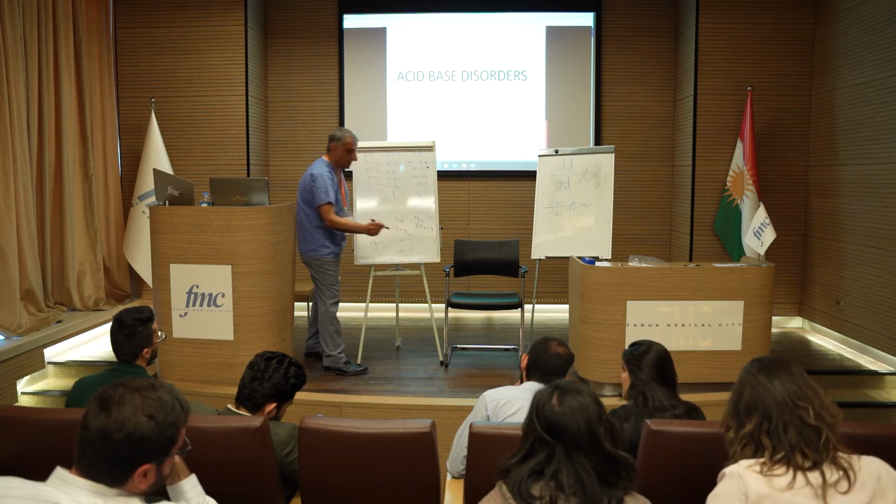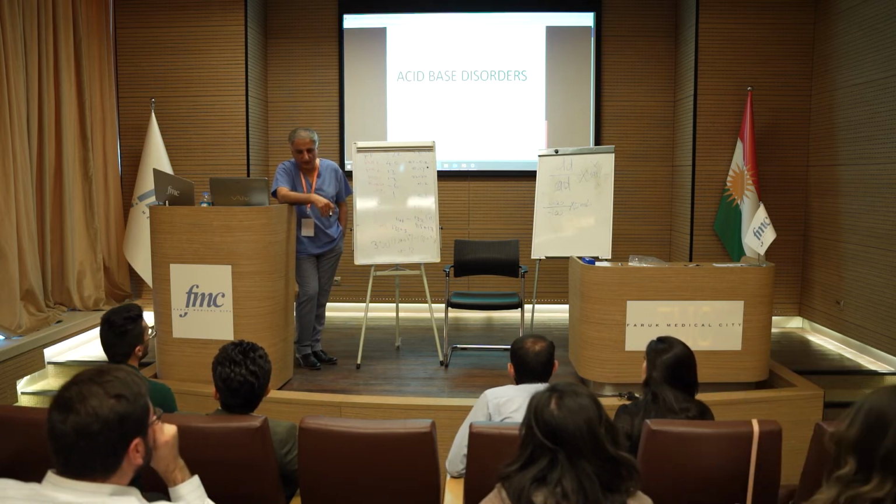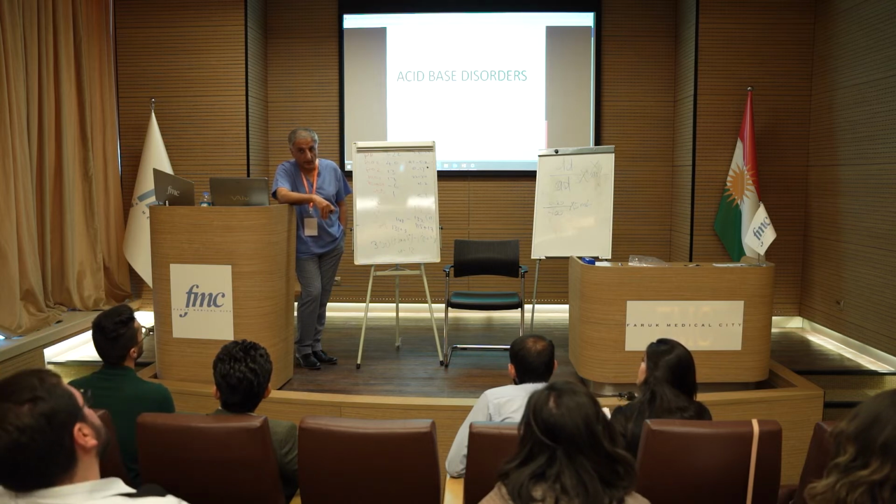What's the normal anion gap? 10 to 12. Yes, that's fine, that's a normal anion gap. So the problem is with the bicarb.